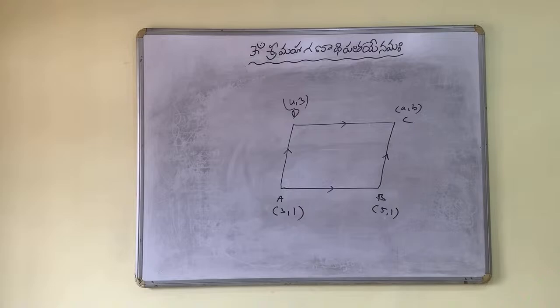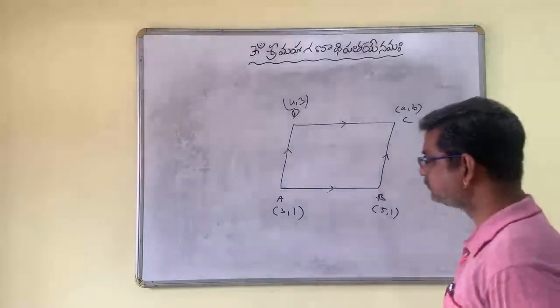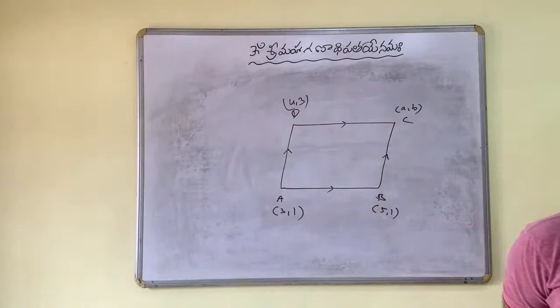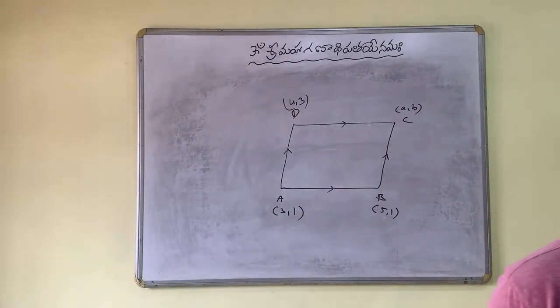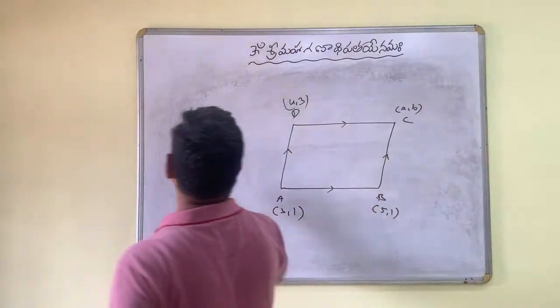You need to apply section formula. So section formula apply cheyalante what is the concept? In parallelogram, diagonals bisect each other.